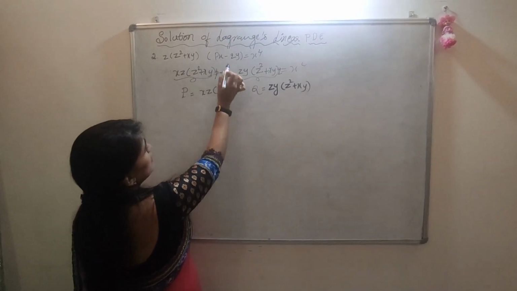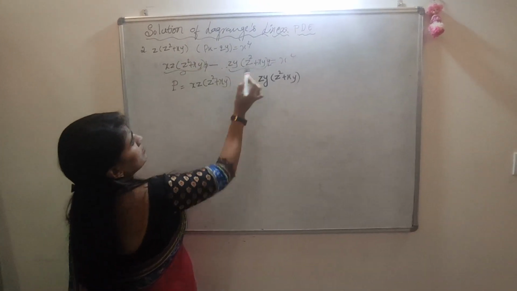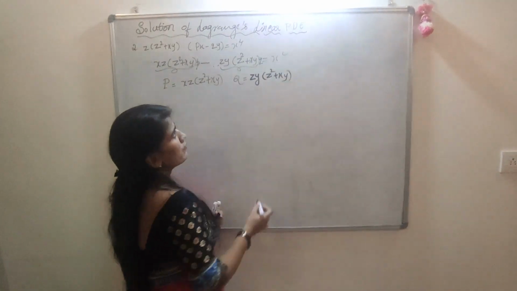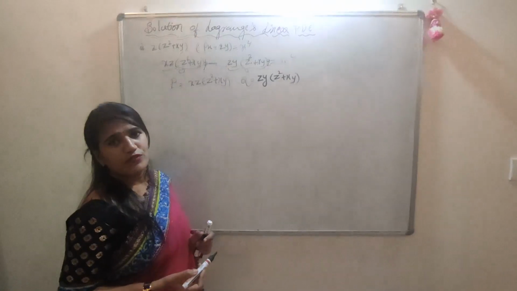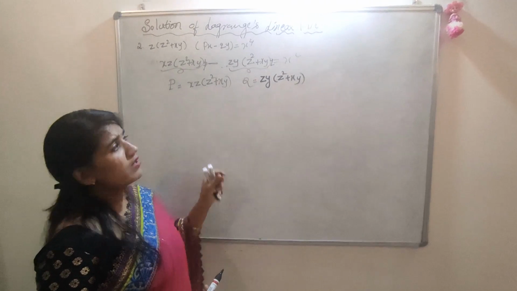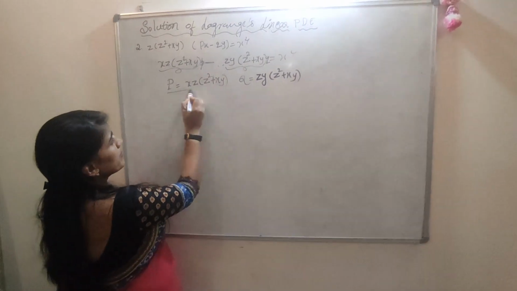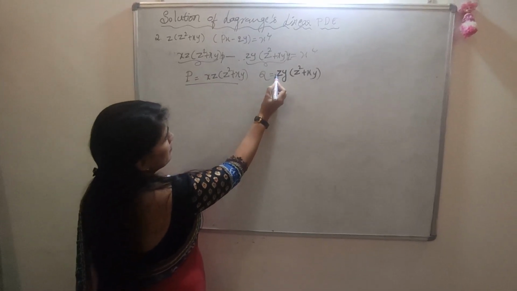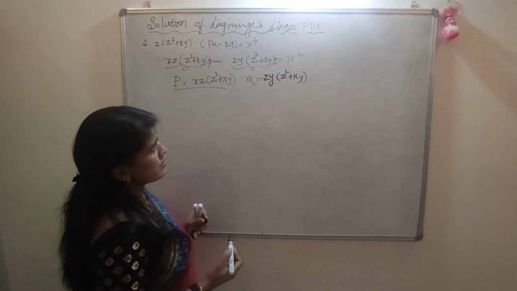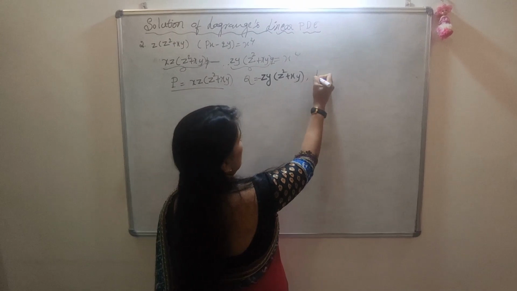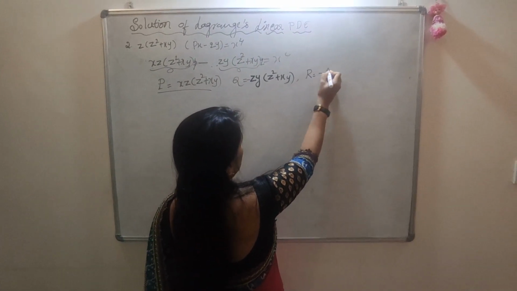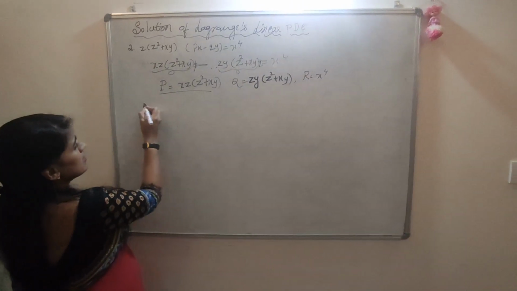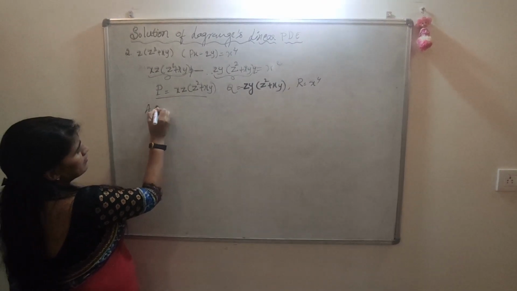Similarly, minus qyz of z square plus xy is equal to x power 4. Now, you can observe this is of the form Pp plus Qq is equal to R, where P is xz of z square plus xy, Q is minus zy of z square plus xy, and capital R is x power 4.